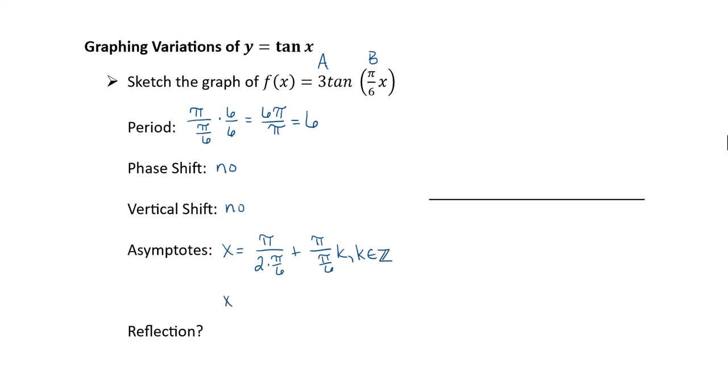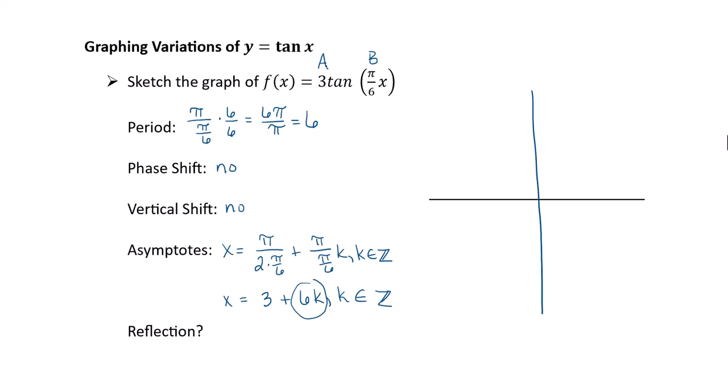And so if we simplify that, we'll get 3 plus 6k, where k is an element of the integers. Let's say if k were 0, then this term would go away and we'd have an asymptote of 3.